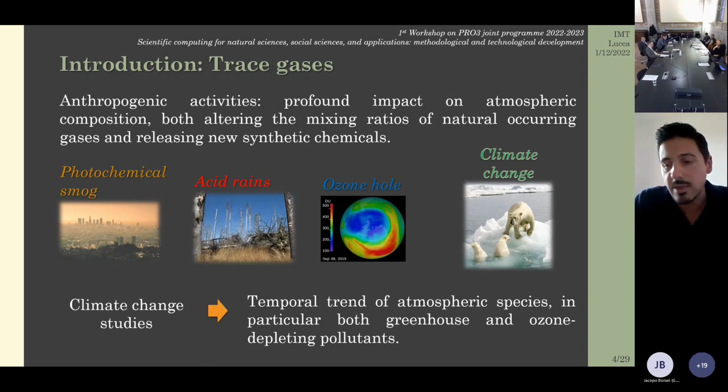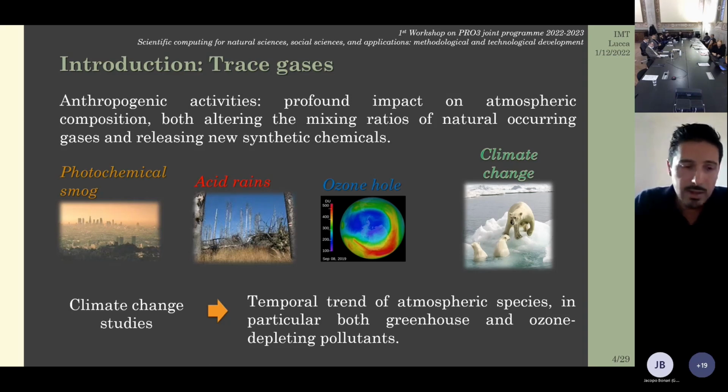Most of them are hazardous in the sense that they contribute to global warming, or they can also be ozone depleting chemicals. And all of this, during the years, caused many problems like photochemical smog, acid rains, the ozone hole in the mid-80s, global warming, and all these factors at the end contribute to climate change.